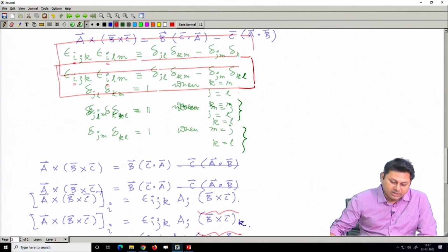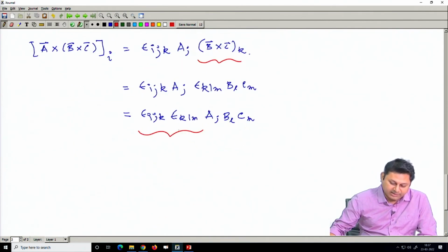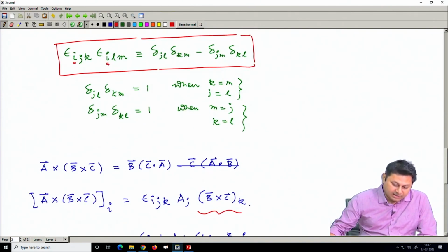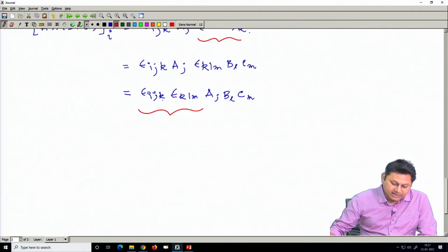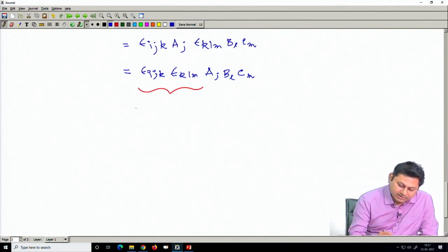Now, you can see that I am having a quantity epsilon I j k epsilon k L M, which I already defined here, epsilon I j k epsilon I L M, but here you can see that it is I j k and k L M. So, here I is sitting here, but here you can see that k, which is a common term, is sitting here and here. So, I need to make it symmetric.